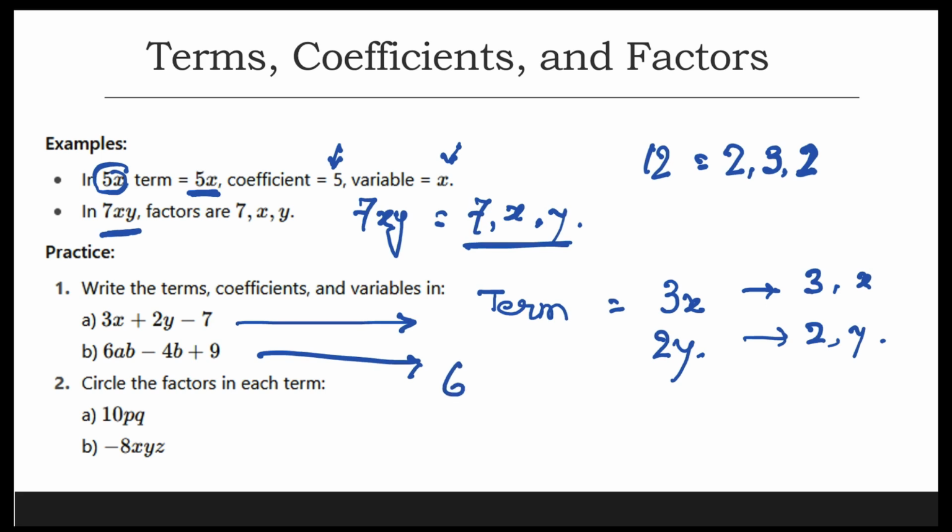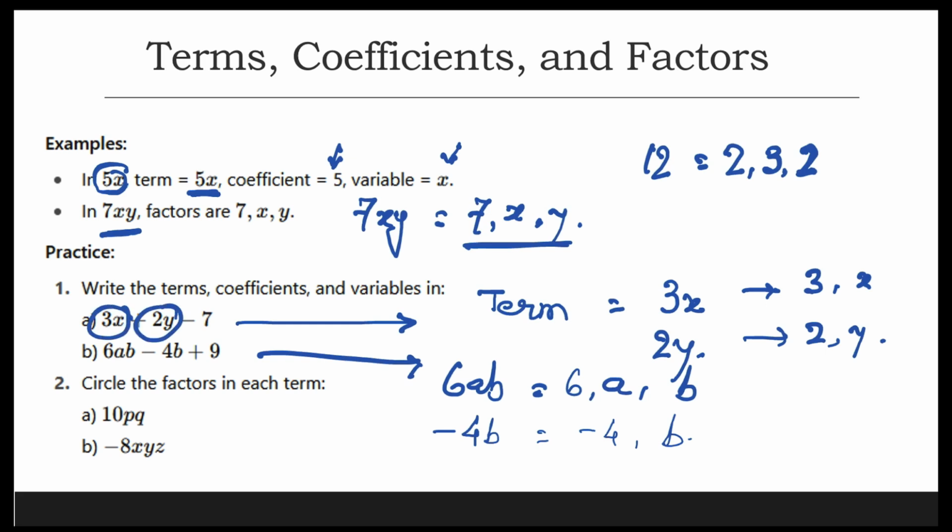Same holds true for this. 6ab, 6, a and b are factors. Minus 4b, minus 4 and b would be factors. Right? What would be the terms in this one?